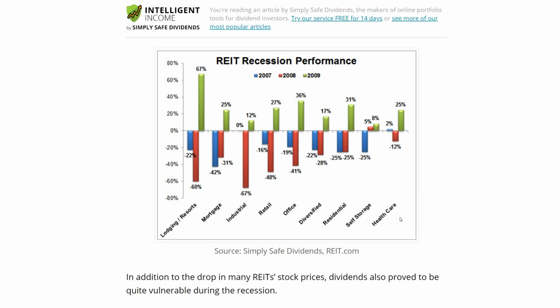And another sector that I personally am really interested in, with the baby boomers only getting older and closer to retirement, is healthcare. Healthcare was not impacted in 2007, very minimal in 2008, and it's been just spiking ever since. So I also see, with an aging baby boomer group, I think this is going to be an area that's going to continue to grow.